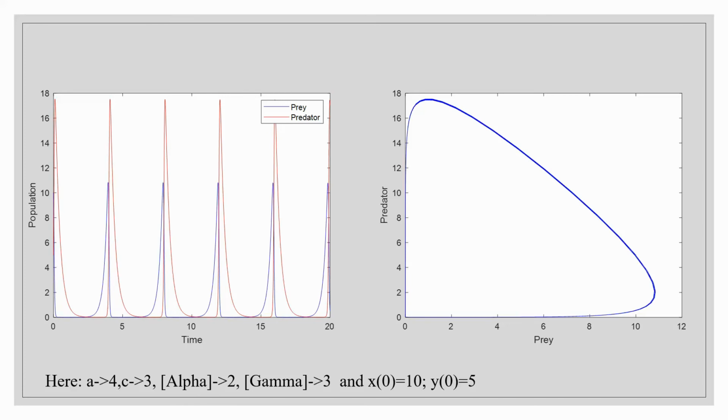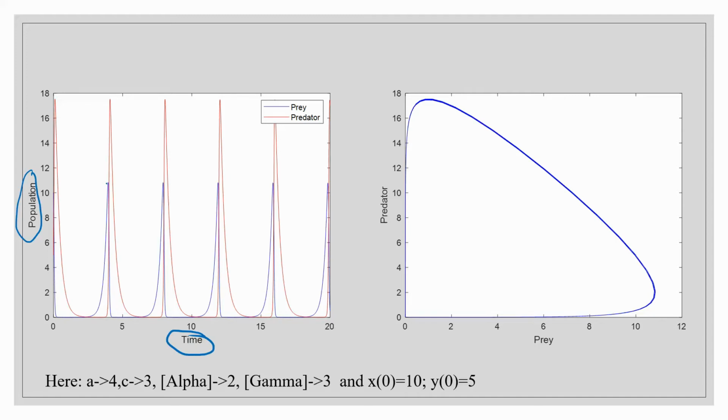Now if we draw the plot in MATLAB, which I have already shown in the video for the MATLAB code, you can use that code, and if you plot the graph between time and population density, you can see that there is an oscillatory behavior observed for the prey-predator dynamics.